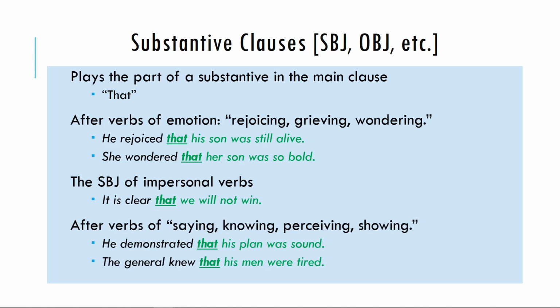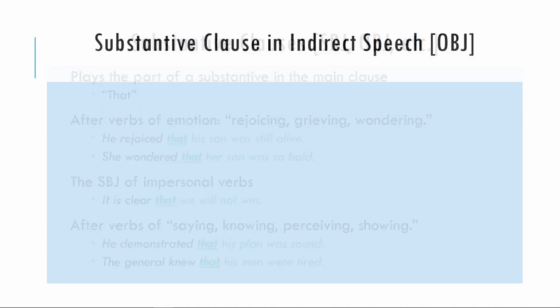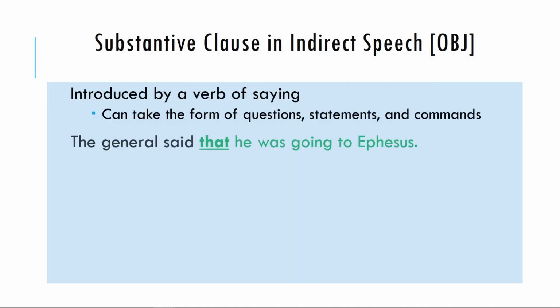Also, after verbs of saying, knowing, perceiving, and showing, we see this a lot. He said that. He knew that. He demonstrated that. He saw that, right? It's very, very simple. You just look for that word for that, and off you go. Likewise, indirect speech, as I just said, it's the same type of clause. It's a way of saying something.